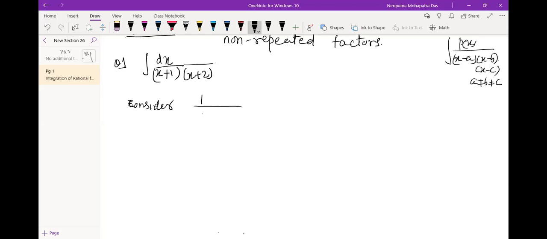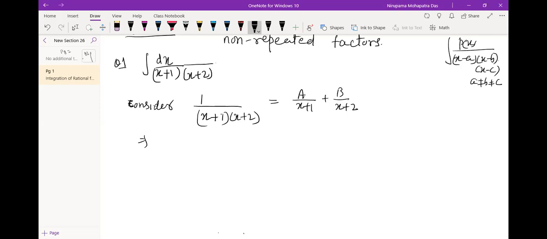So we consider 1 by (x plus 1) into (x plus 2) equal to A by (x plus 1) plus B by (x plus 2). We are expressing this product as a sum of two terms, where A and B are constants to be found.